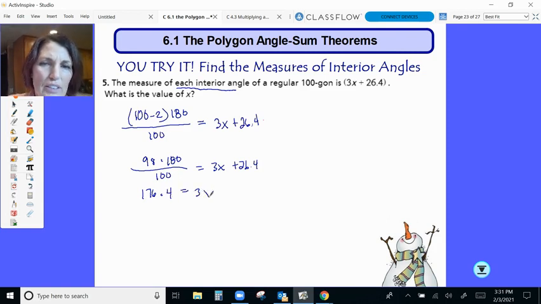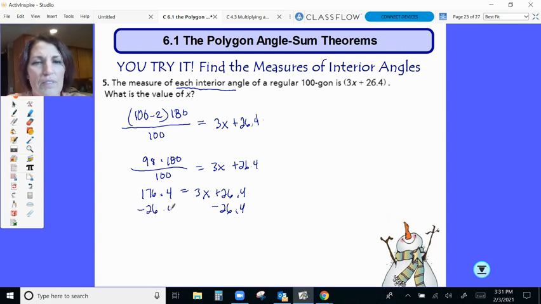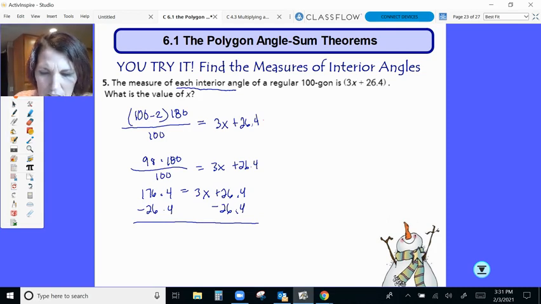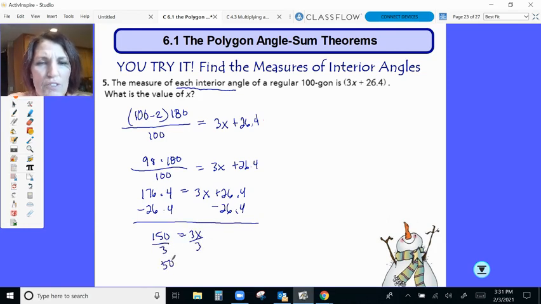That equals 3x plus 26.4. Now I can subtract that 26.4. And that's going to leave us with 150. Equals 3x. And if we divide by 3 on each side, we should end up with 50 for our value of x.